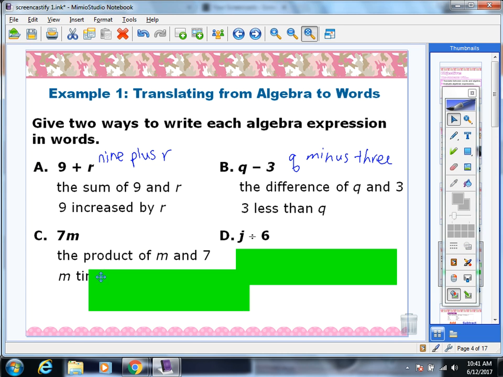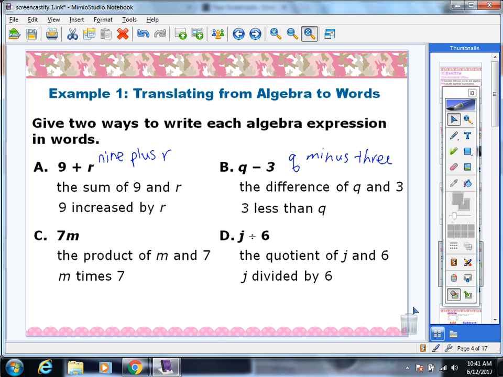For 7m, you could write the product of m and 7, or m times 7, or 7 times m, all equivalent there. And for d, you could write the quotient of j and 6, or j divided by 6. You will have to be able to write the verbal phrase to represent the algebra and go in the other direction as well.